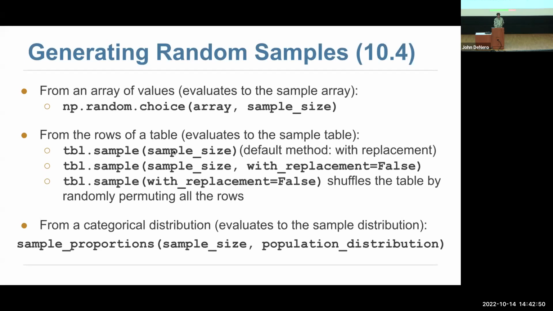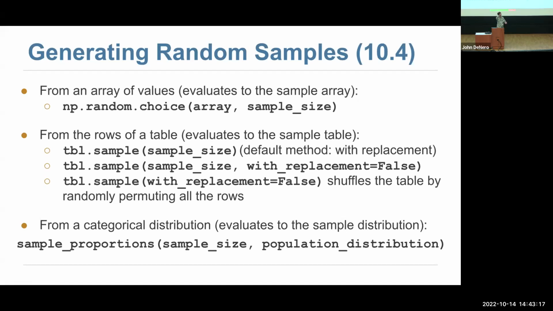And if you leave out the sample size, then what happens? You sample a number of rows equal to the number of rows in the table. With replacement equals false means you're guaranteed to get all the rows exactly once, which is exactly what you want in a permutation test.